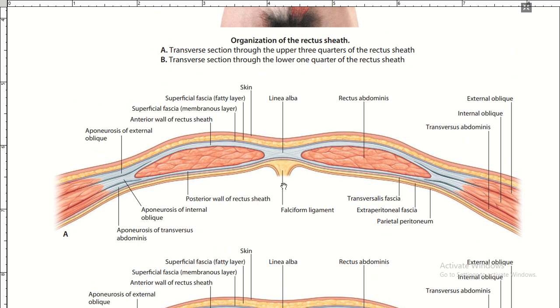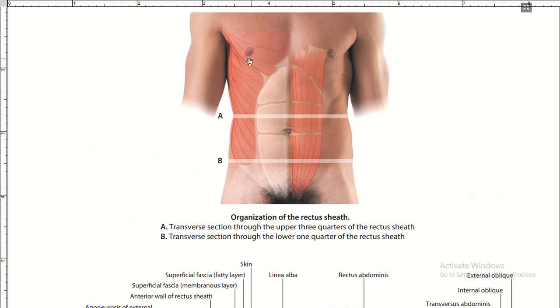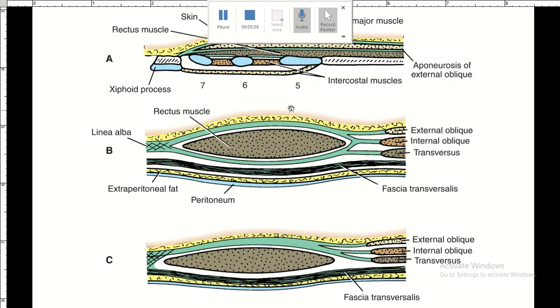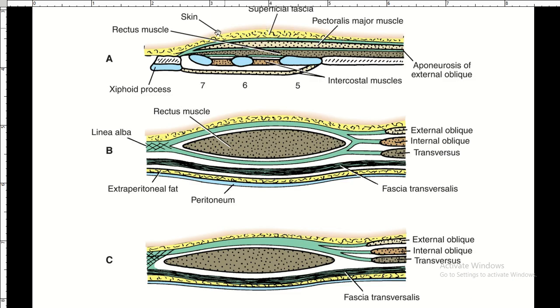What about above the costal margin? We want to have a transection right at this point and see how it looks. Now we are looking at the rectus sheath above the costal margin. This is at the level between the costal margin and the superior iliac spine. This is at the level below the superior iliac spine. So we spoke of this one and we also spoke of this one.